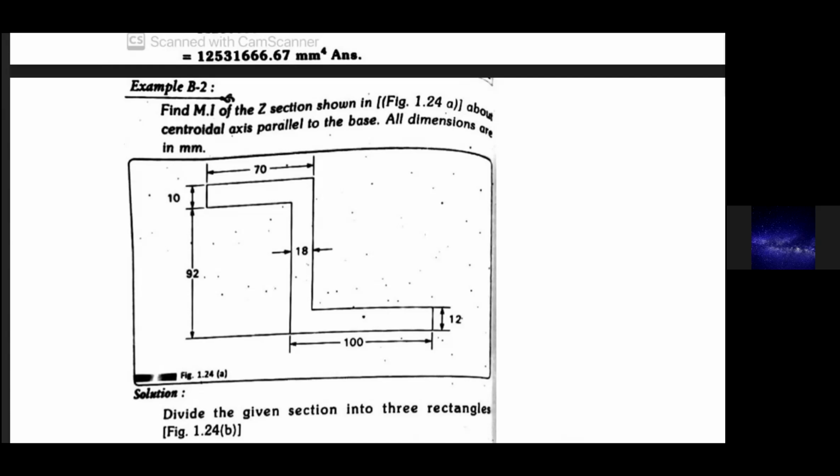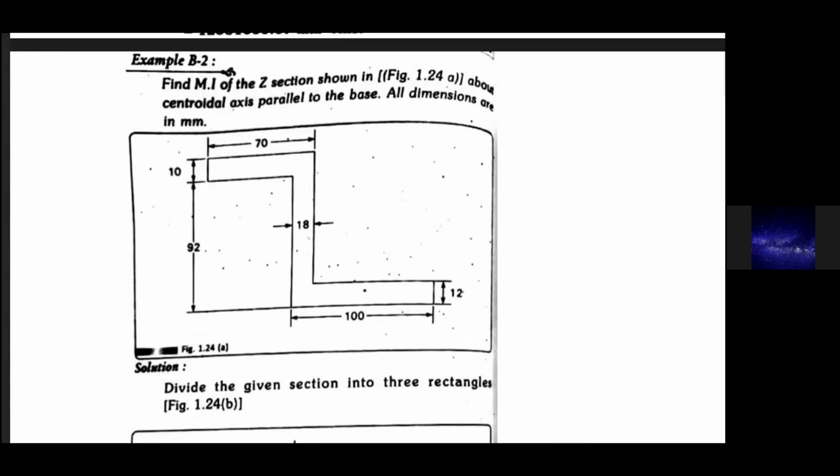So it's not symmetrical about any axis. The given question is how to find the moment of inertia of the given section about the centroidal axis which is parallel to the base. Let us assume xx is the axis passing through its centroid which is parallel to the base.